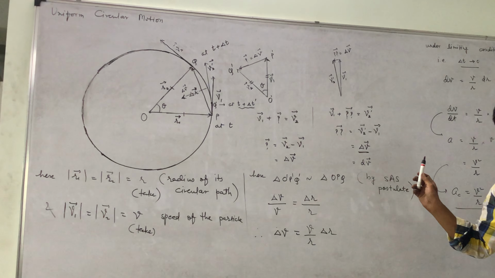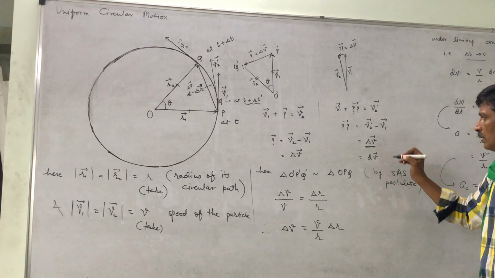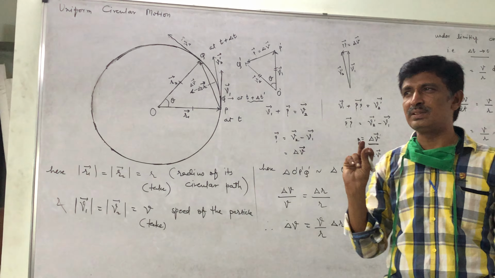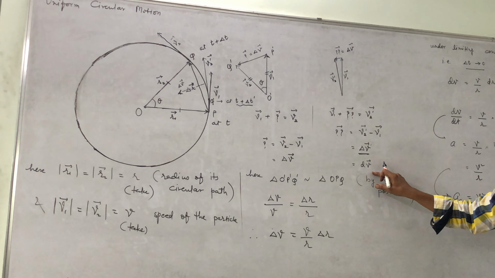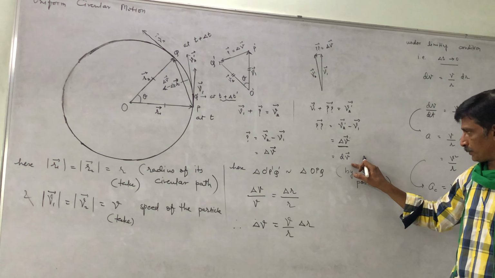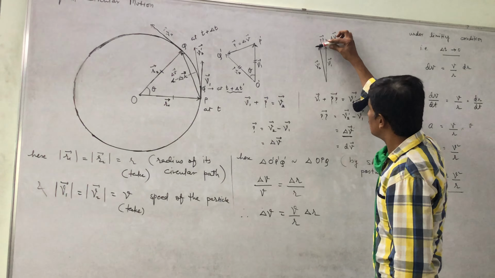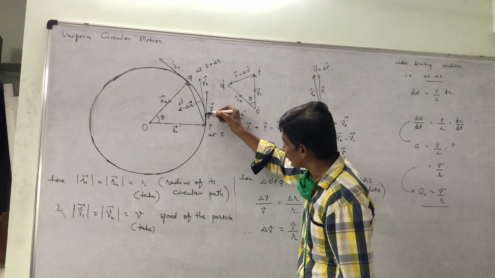Now the time interval is very small, so we can say delta v dash, but it is very small. If we take an infinitesimally small time interval, then we can say dv, a microscopic change. Observe the direction. Now these two points are P and Q dash.